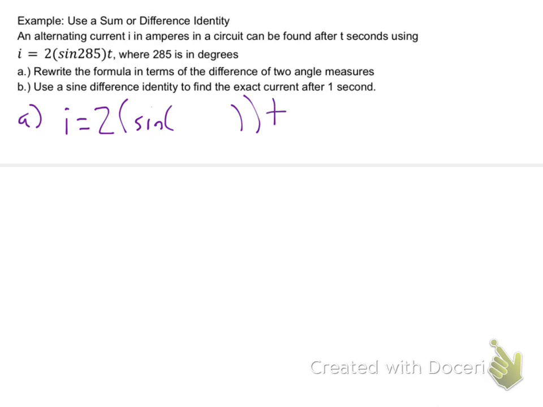But what does sine of 285 need to be changed to? It has to be switched to two angles, but I can't change the value. So, what's an option that I can change this to two angles? What two angles make up 285? Oh, 330 minus 45. Does that work? Yes. Is that the only option? No. 300 minus 15.